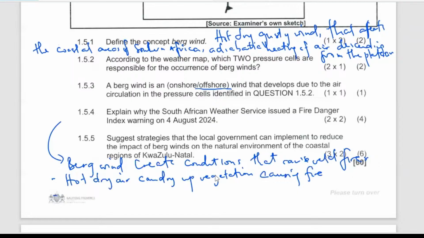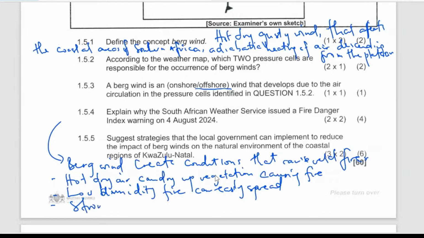And also, what are the other factors? There will be low humidity. The air will be dry, with low humidity. And if there is low humidity, it makes it easy for fire to spread. Also, there will be strong winds.